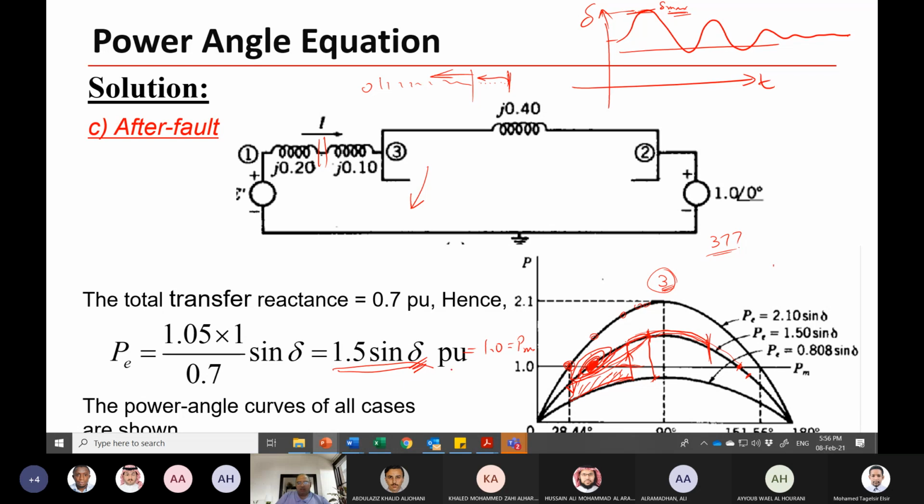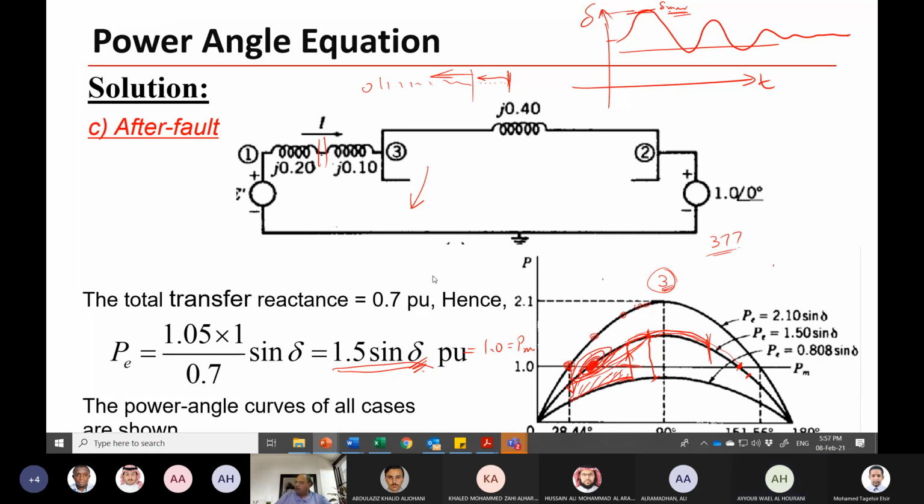If we have this angle, you can subtract it from 180 degrees, and it gives you this angle. So theoretically, the oscillation could reach this point, and your system will be stable. Okay? Is it clear? Do you still have a question? Thank you, Doctor. It's very clear.